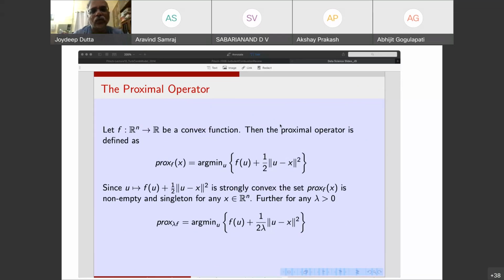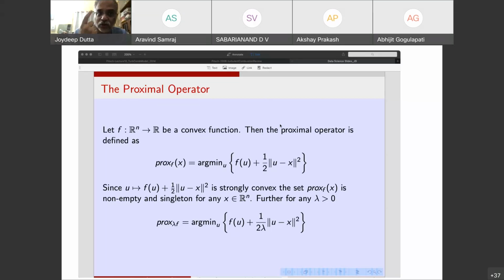Given x, an iterate, with a different variable u, instead of minimizing f(x), they fix this reference point x, and around it build a strongly convex function f(u) plus one half of this. So this is the strongly convex part, for which there will be a unique minimizer.